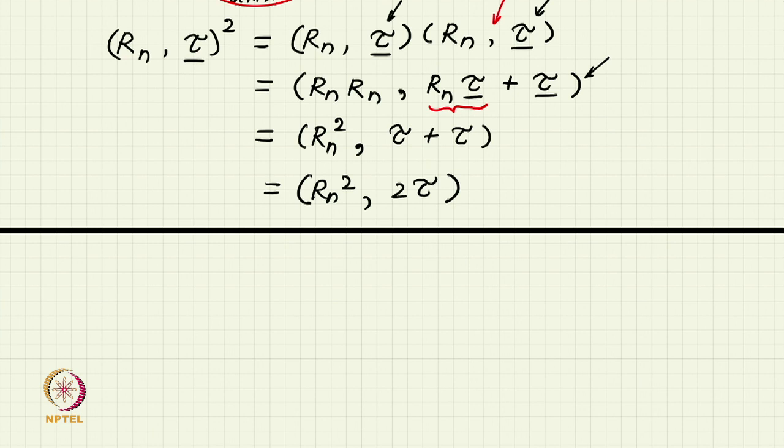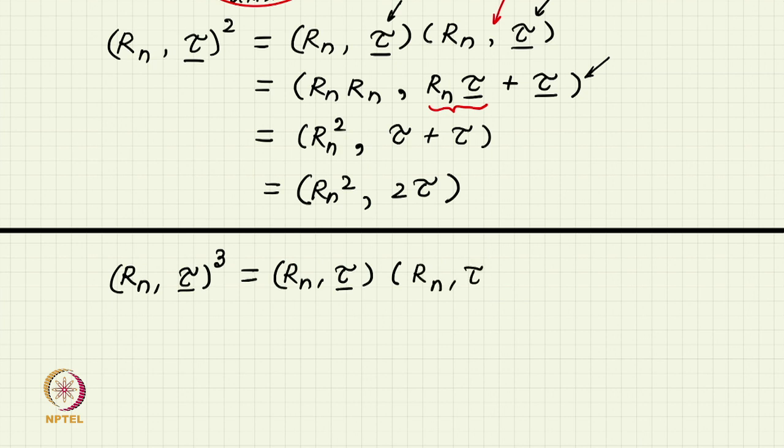You can continue this. Let us do one more multiplication. So, let us find out Rn tau cube, which is Rn tau multiplied by Rn tau square. We have already solved the case for square. So, we can write it as Rn square 2 tau.